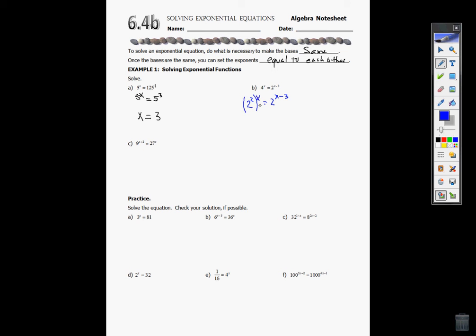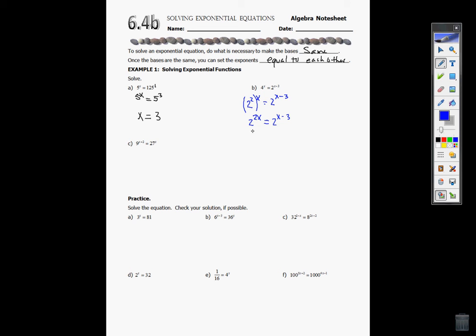Now what happens when I have a power raised to a power? Well, we need to think about our exponent rules. Power to a power means I'm multiplying them. So this is 2 raised to the 2x equals 2 raised to the x minus 3. Now see, we got to this same point where I have similar bases, as in the last example. So what I can do is set the exponents equal to each other.